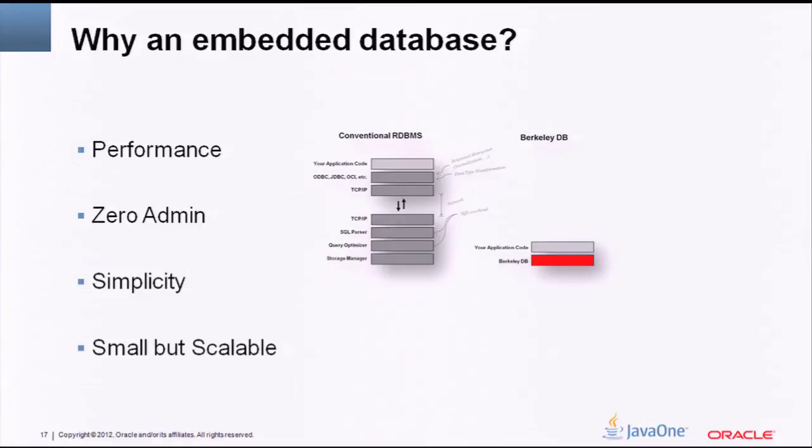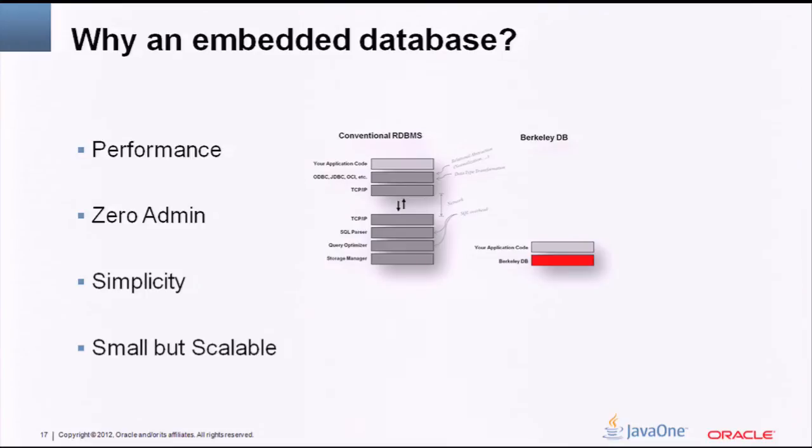Berkeley DB is an embedded database. And the reason for that is that embedded databases have a much lower latency than a traditional RDBMS due to the fact that there's simply much fewer layers than an RDBMS. On the left there, you have all the different layers you would find in a conventional RDBMS. So you would have your JDBC, you have a TCP IP layer, and then an actual network connection normally.